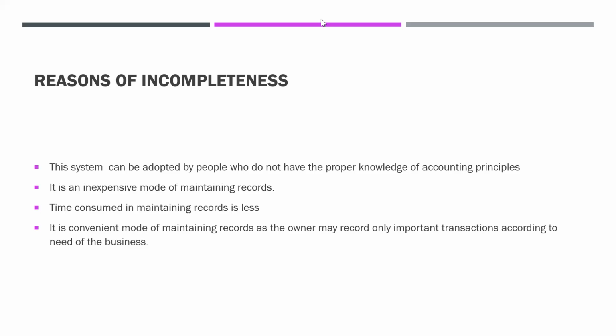So the reason for incompleteness may be that the one handling this does not have proper knowledge of accounting principles. It is also an inexpensive mode of maintaining records. In a notebook, you maintain everything, day-to-day transactions wherein money is involved, related to the business.